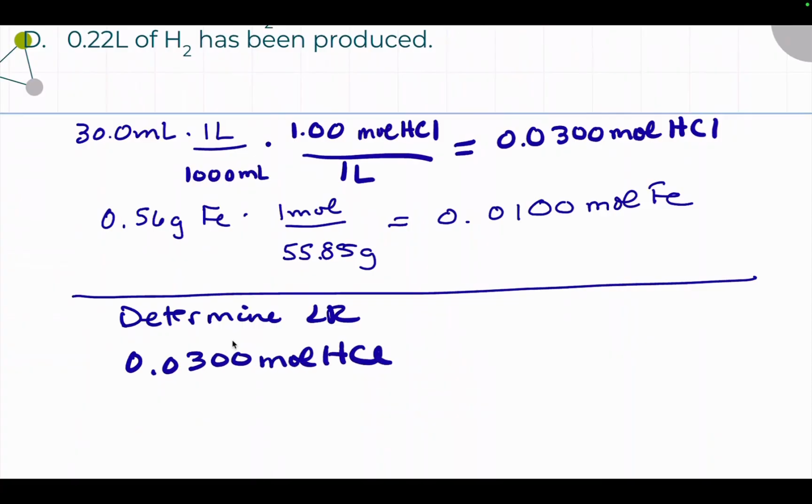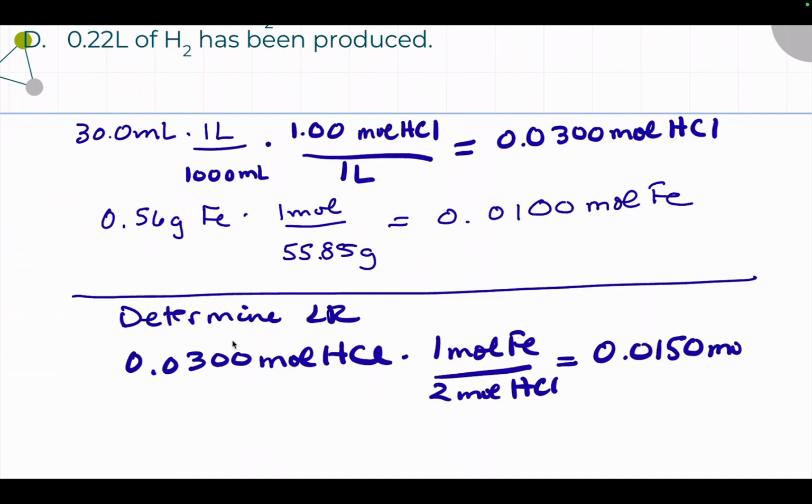So if I react all 0.0300 moles of HCl, now I'm going to use my mole ratio, I would need 0.0150 moles of iron. And you can see that I don't have that. So that means this is my limiting, this one's my excess, and I'm not going to use that number.